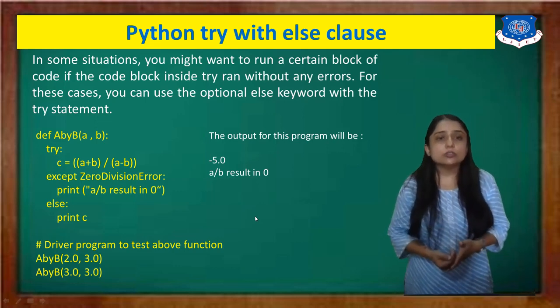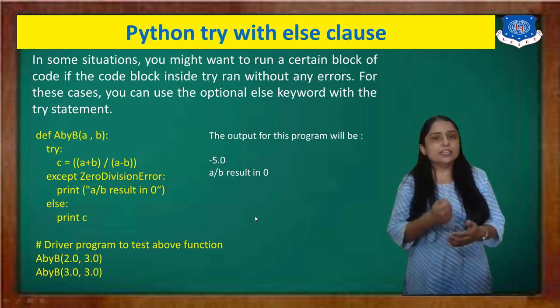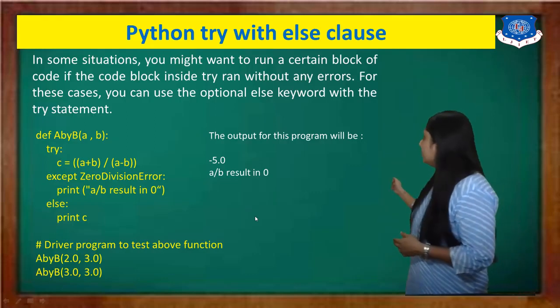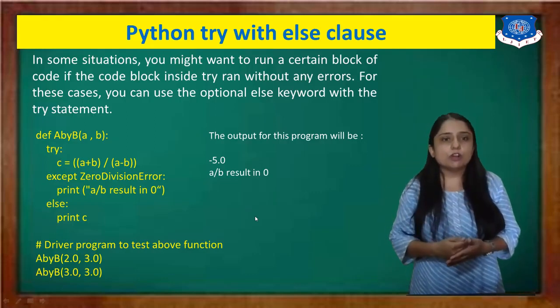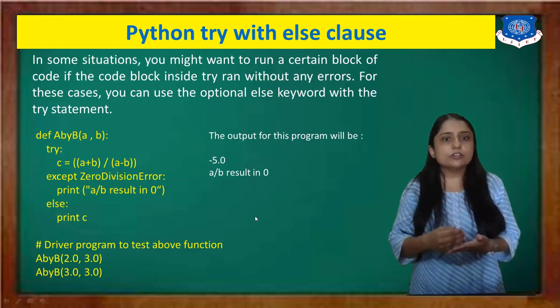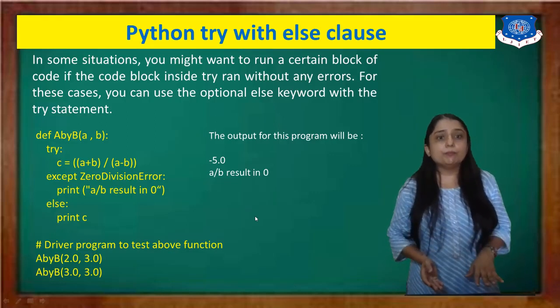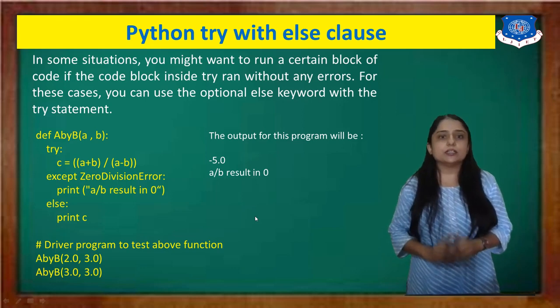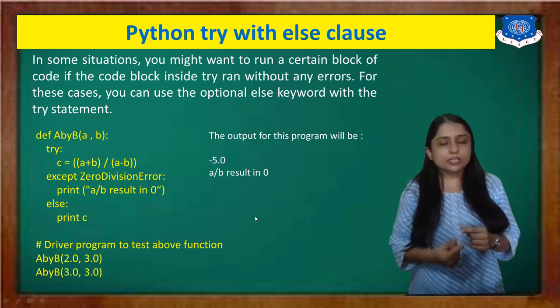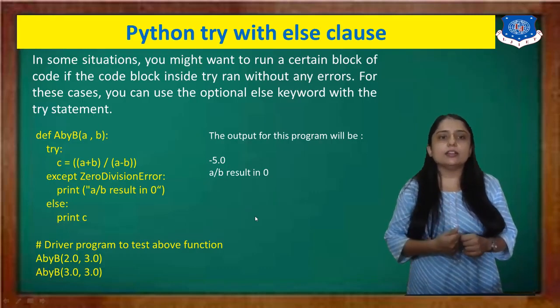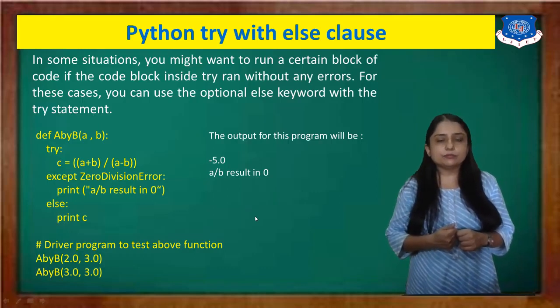So it leads to a zero division error. In this case I have an exception, so my program jumps to the except clause, the zero division error, and it prints that a by b result is a 0. Whatever message you want, you can write inside the print.